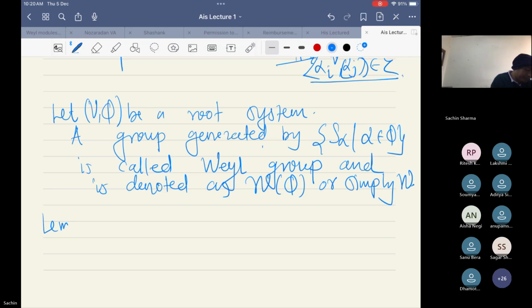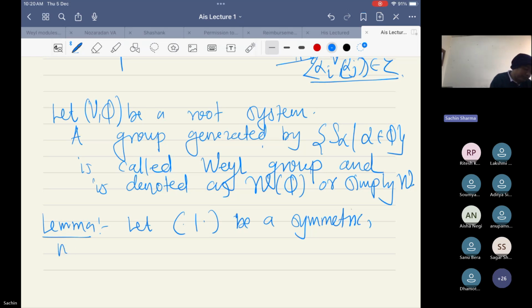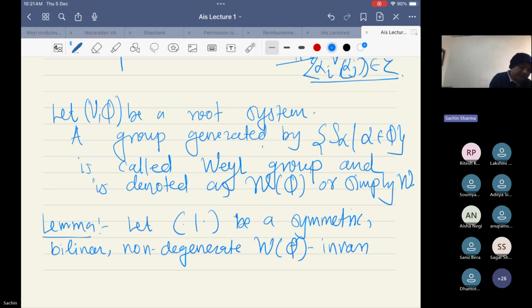Now here is the lemma. So let the bilinear, symmetric, non-degenerate, W phi invariant form on V. I will explain this.